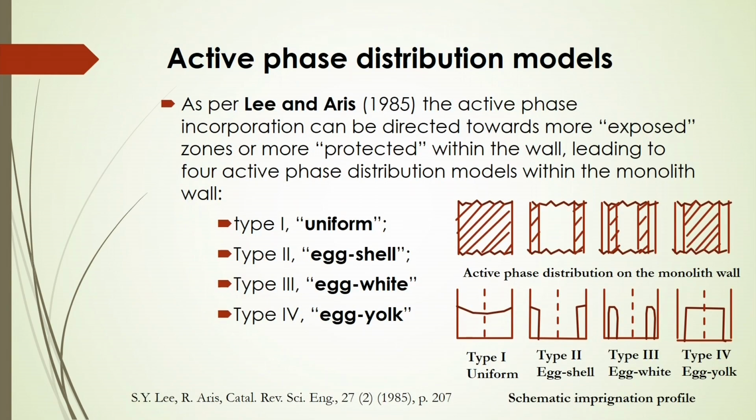Now, active phase distribution models are there to analyze the exposing of the active phase on the monolithic surface. As per Lee and Aris, they described certain models according to their experimental observation and their procurement of the solid materials, that is, the monolithic structure materials, and they suggested particular models of distribution for the active phases.